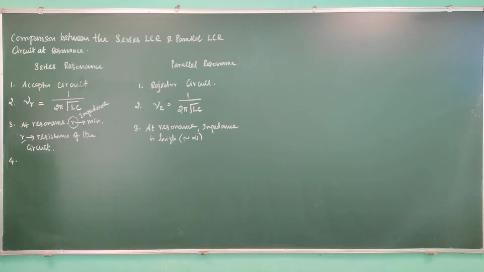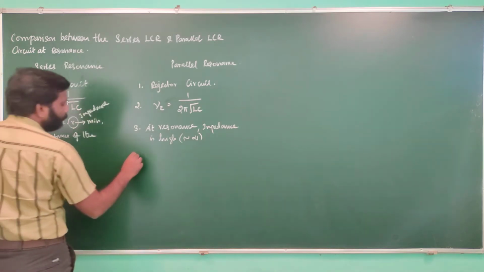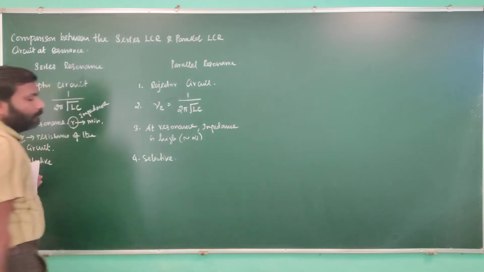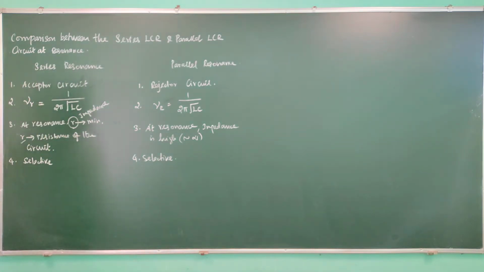And the fourth point, at resonance frequency, again it is a selective property. You can select a particular frequency and filter it out. Here also you can select a particular frequency, but you reject it.